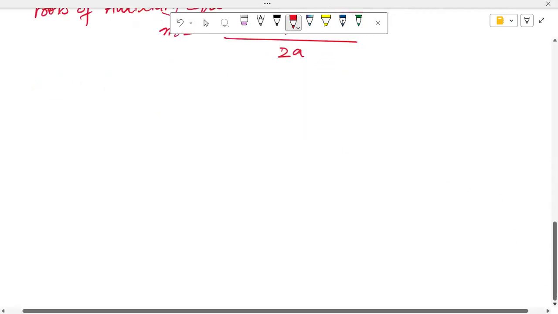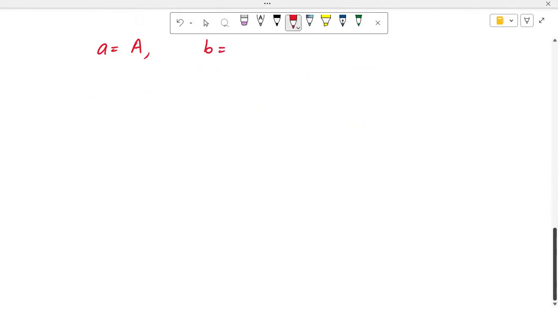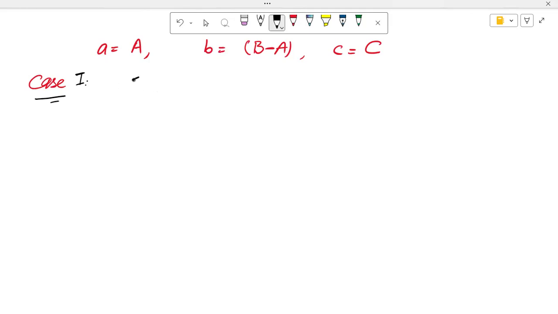So in our case, we have a value equal to capital A, where b value is equal to b minus a, and small c is equal to capital C. So the auxiliary equation is going to have two roots, and for the solutions, we have cases. So by the way, these are for the homogeneous part. So we will look for the m values.